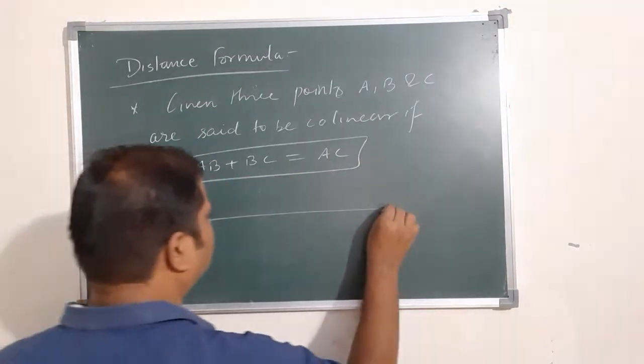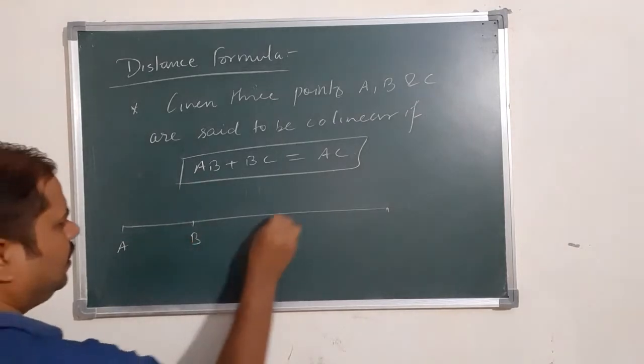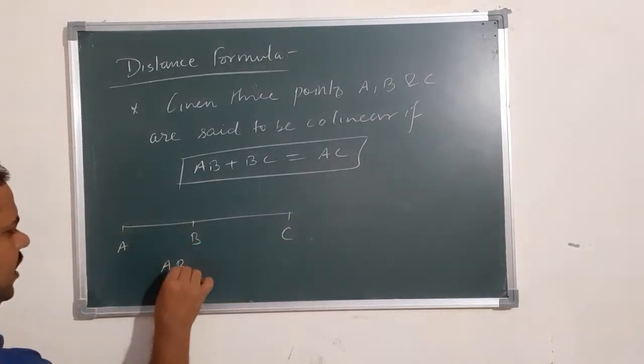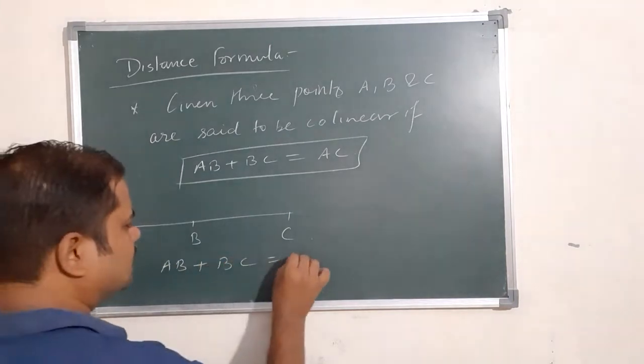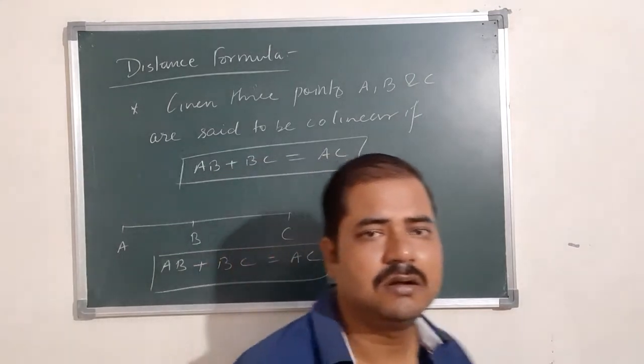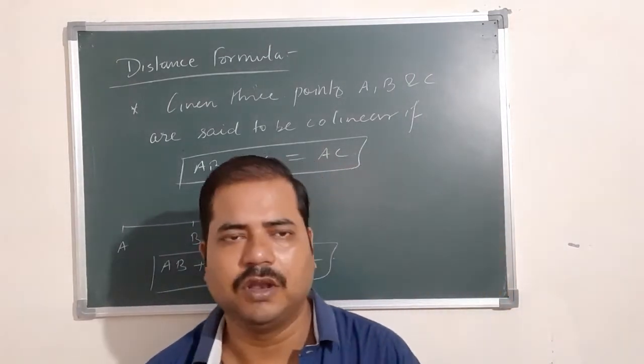See, these points A, B, C are said to be collinear if AB plus BC is equal to AC. So this is the remark or application, you can say, of the distance formula.